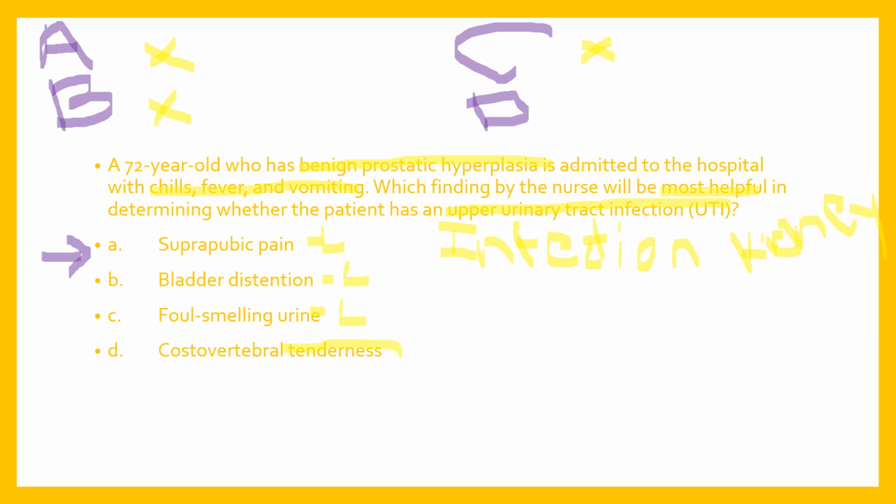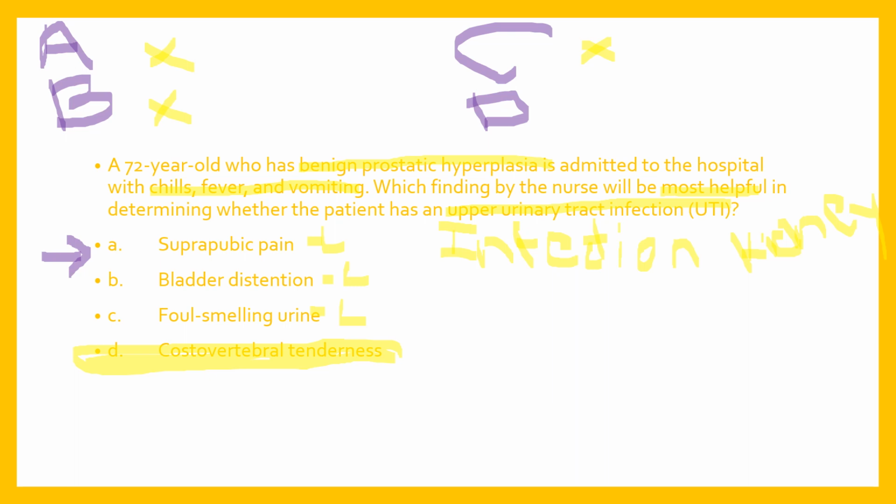CVA tenderness. Is this it, guys? Yes. Costovertebral angle tenderness is characteristic of pyelonephritis, along with gross hematuria. But generally, kidney pain, guys, is a huge indicator that your patient has an infection in their kidneys, which is what pyelonephritis is. So always remember that, okay?